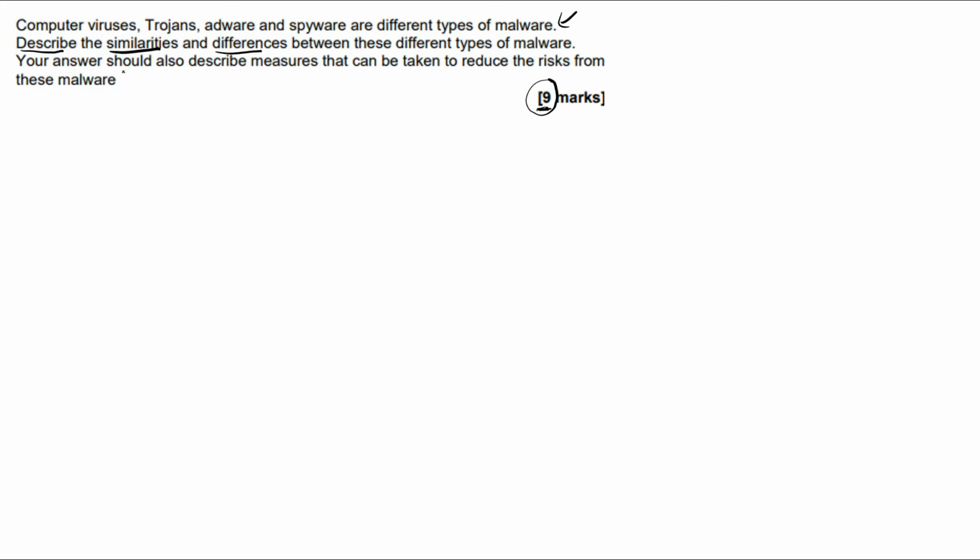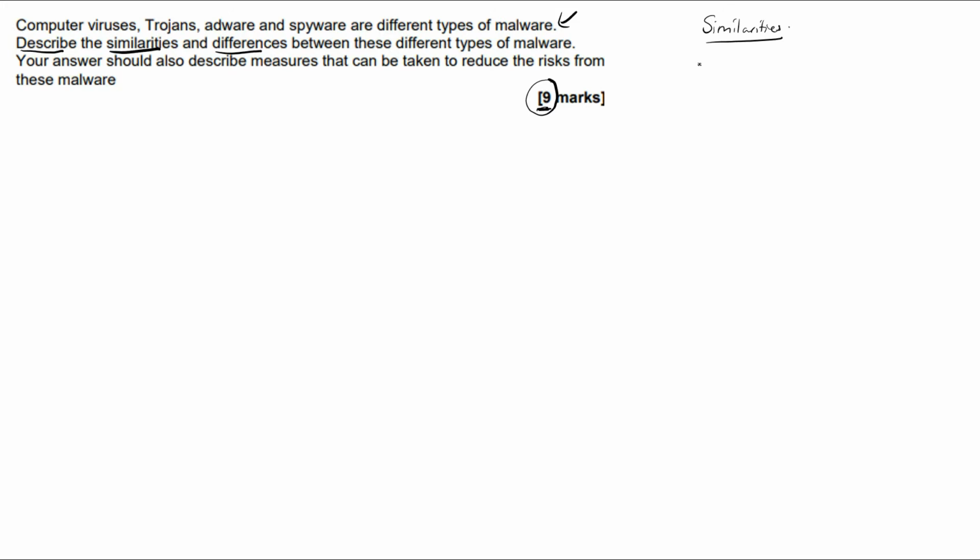So it does help to plan your answer out again, and you might just want to list some similarities, and it might not be a similarity between all 4 of them. It might be a similarity between 2 of them or 3 of them, so bear that in mind as well.